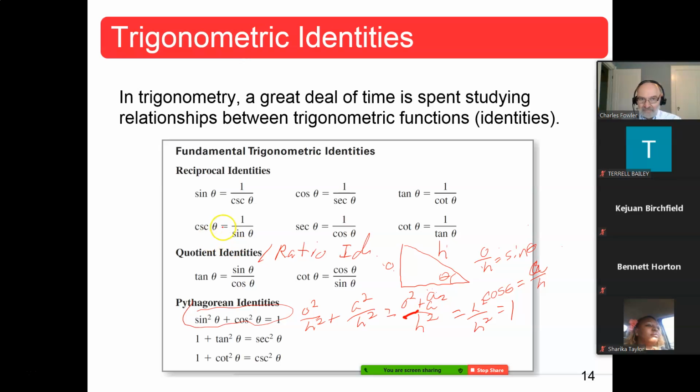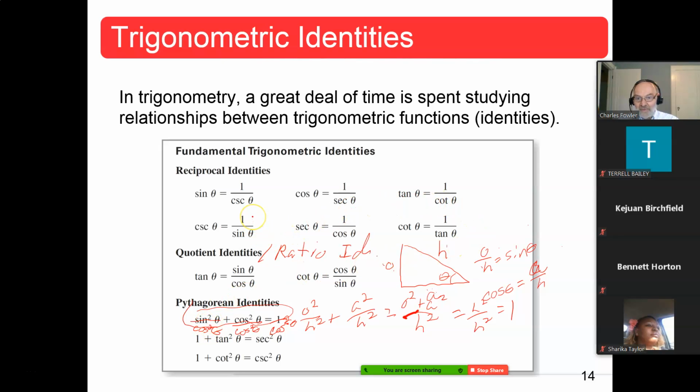Now, I don't know if you're interested in this, but I'm going to do it anyway. I'm going to take that first identity here, and I'm going to divide every term in it by cosine squared. Well, what's sine squared over cosine squared?